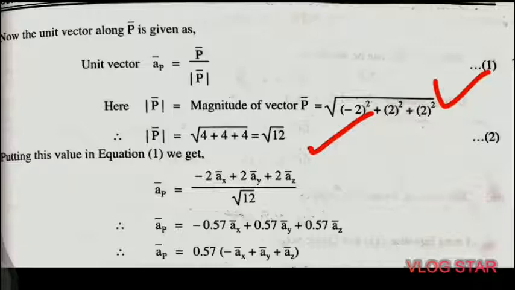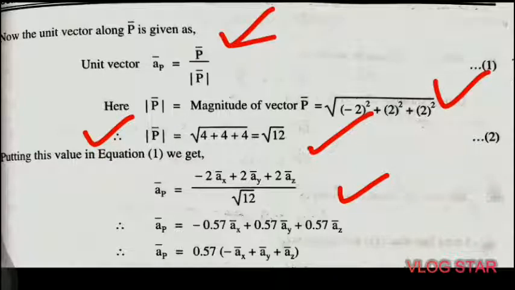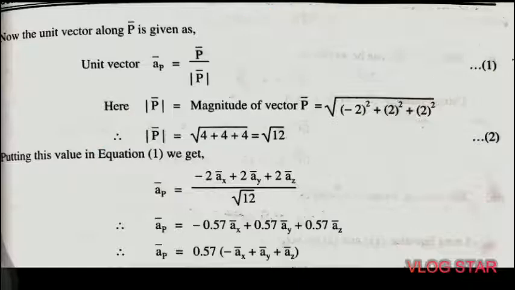Okay, after that we have to put the values of mod of p and p bar in the unit vector equation. So we will get unit vector ap bar equal to -2 ax bar plus 2 ay bar plus 2 az bar, which is the value of p bar, divided by mod of p, which is under root of 12. Then we have to just divide -2 by root 12.